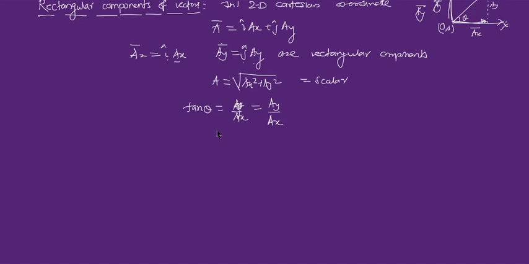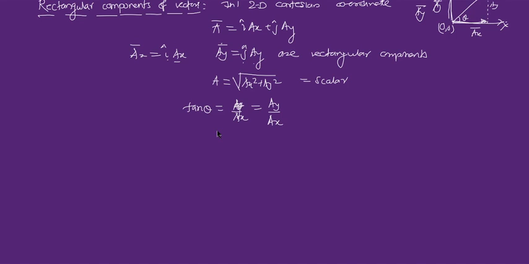If we are in 3D Cartesian space, naturally we write vector A bar like this: i cap AX plus j cap AY plus k cap AZ. Now there are three different directions, x, y and z, therefore i AX, j AY, k AZ are the components.